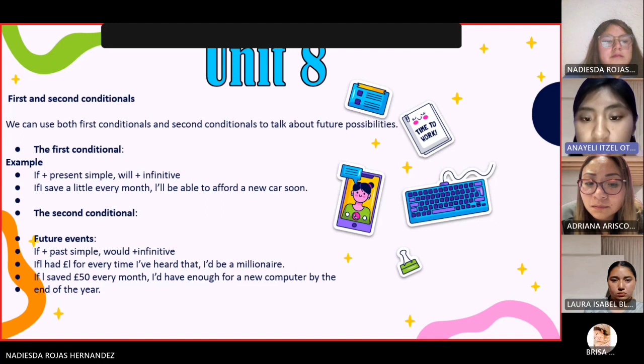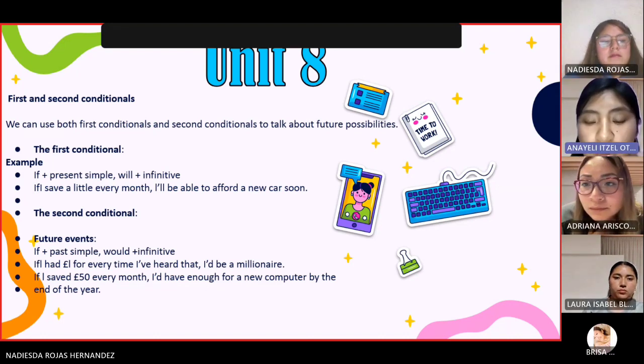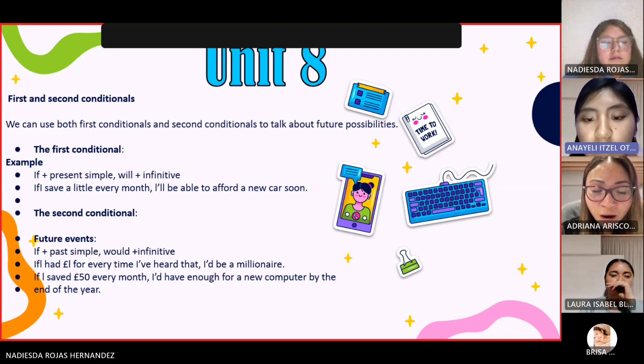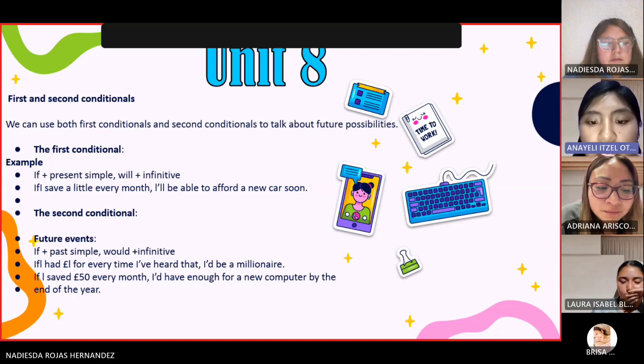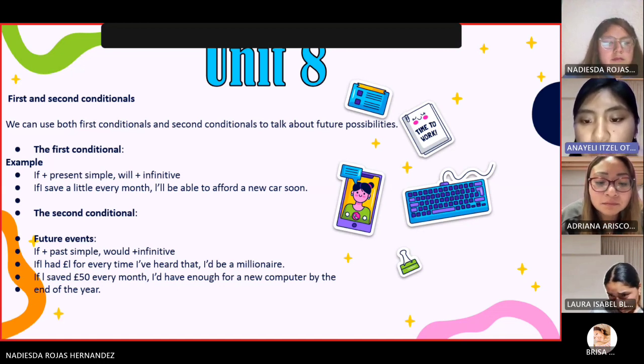The second conditional. We use the second conditional to talk about imagined events or states and unreal situations. They can be about the unlikely present or unlikely future events. For example, if plus past simple plus would plus infinitive. If I had a lot of money, I would be a millionaire.